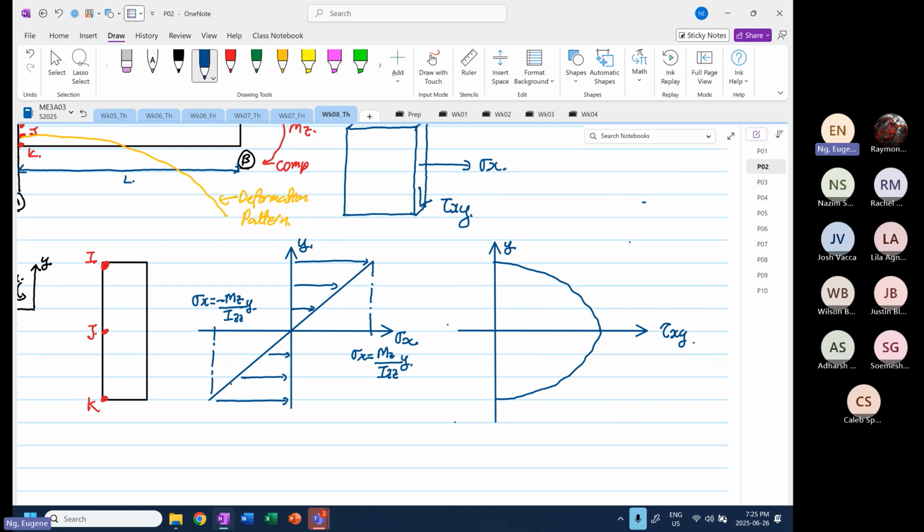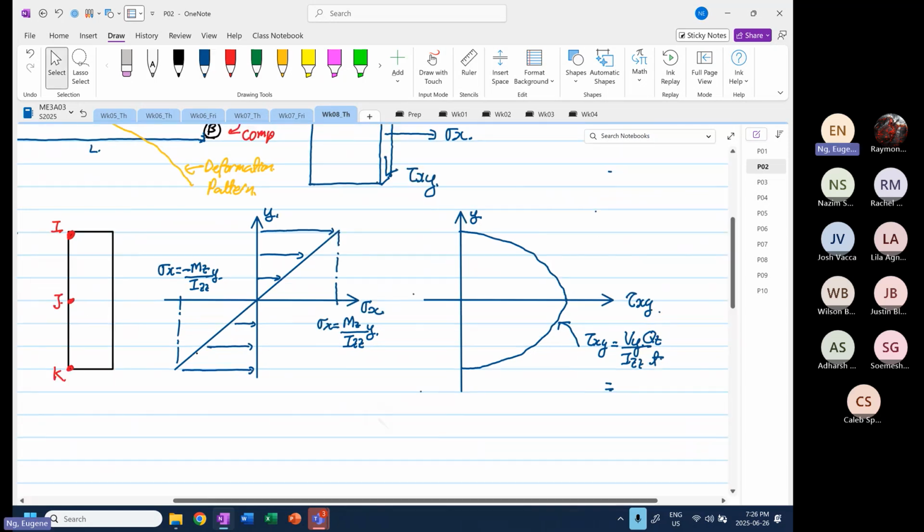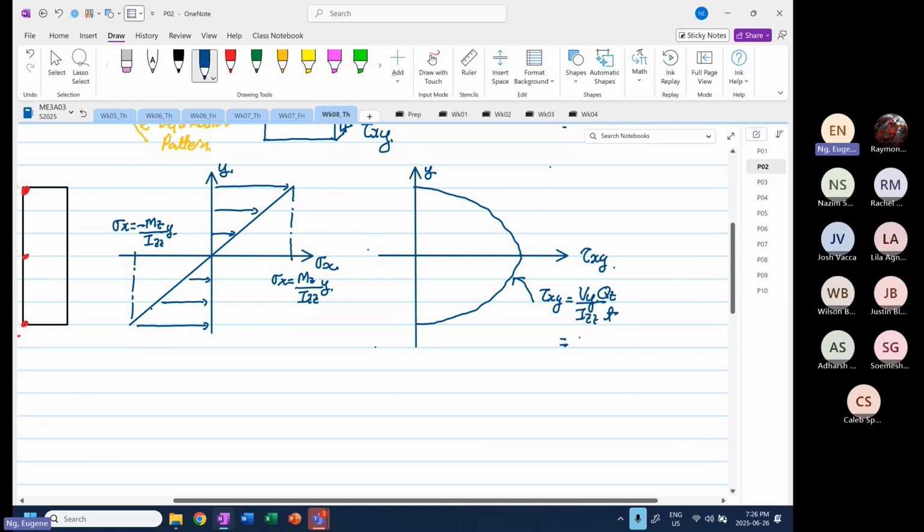The shear stress, shear xy, will be equal, let's do the basic formula first, to Vy over Izz, Qz over T, which we will derive out, will be equal to 3/2 Vy over A, bracket 1 minus y squared over c squared. Later on, we will derive this.